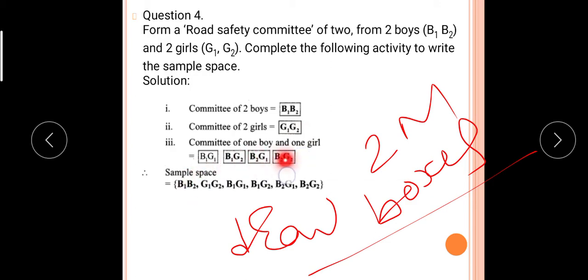So total n of s is B1 B2 and G1 G2, and then these 4 committees of 1 boy and 1 girl: B1 G1, B1 G2, B2 G1, B2 G2. So total are 6. And if you are writing the n of s for this, it is equal to 6.